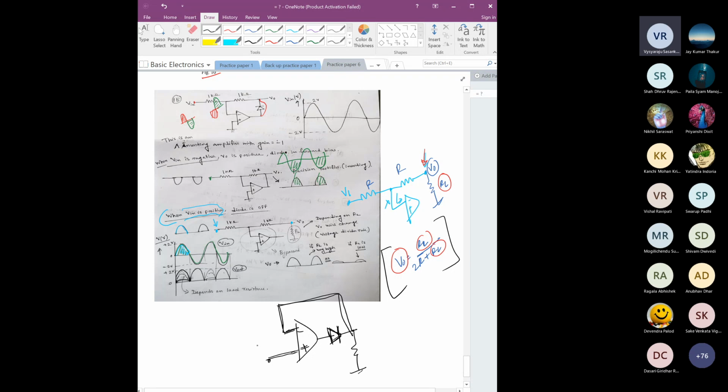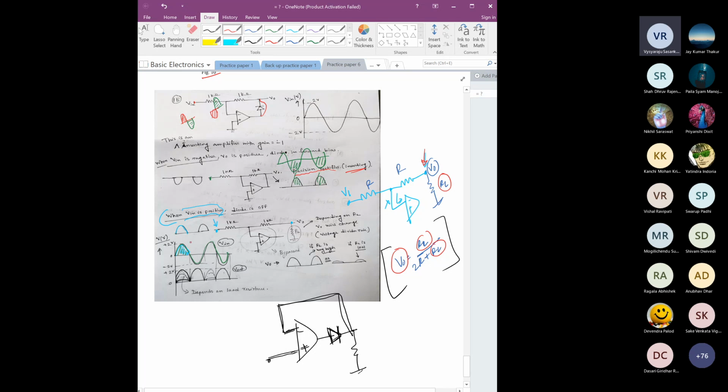But not for this one. So saying it to be really a precision amplifier, I don't think that is a good statement, because even though we have mentioned it's a type of inverting precision amplifier, it's not actually correct.